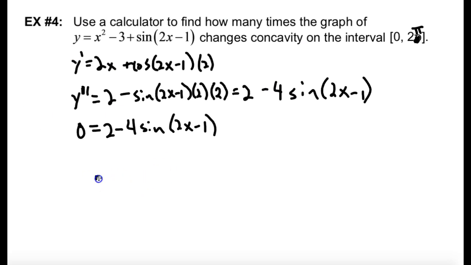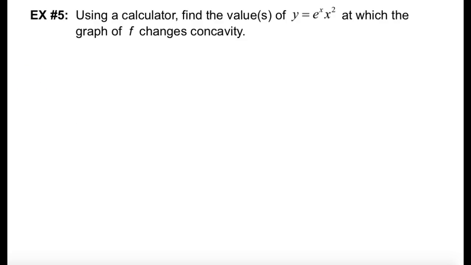So our answer is 4 times, and we could write out that explanation, right? The second derivative changes sign 4 times, therefore the original function changes concavity 4 times on the interval 0 to 2 pi, all right?